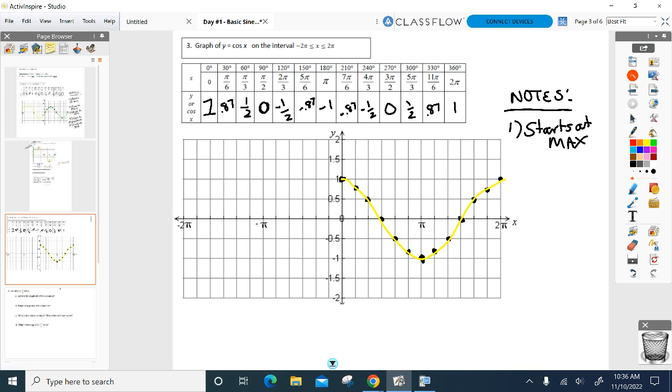Starts at, don't think 1 because that may change, right? If there's a number out in front. All right, starts at max, goes to where? Goes to 0. Then goes to where? Its minimum.